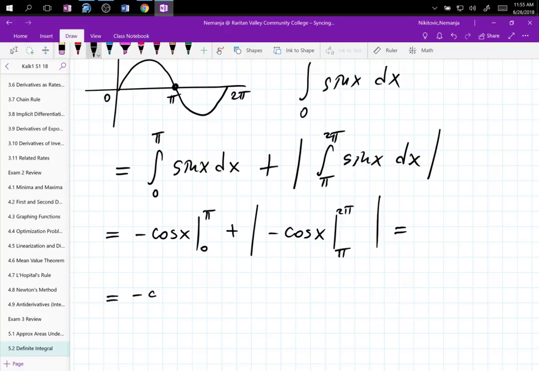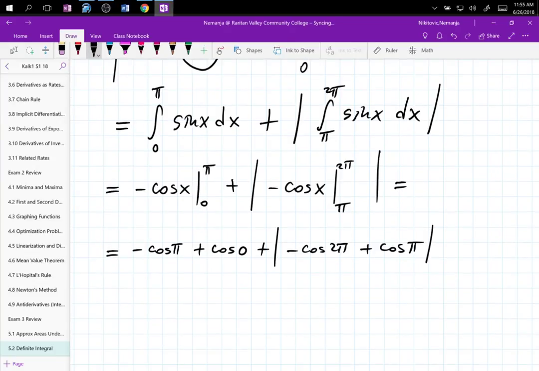All right, so negative cosine pi plus cosine 0 plus absolute value of negative cosine 2 pi plus cosine pi in absolute values. Negative cosine pi, so that's negative 1. Okay, good. Plus 1 plus absolute value of negative 1 plus negative 1.